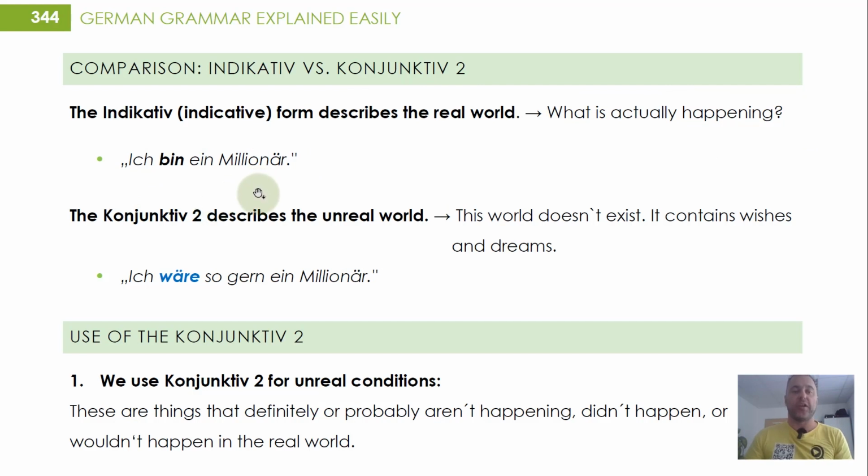Ich bin ein Millionär, so I'm a millionaire. And in Konjunktiv 2, we describe the unreal world, something that doesn't exist. It contains a wish or a dream. Ich wäre so gern ein Millionär, so I would like to be a millionaire. This is real. I actually have the money in my account. Here, I just want to have it in my account, and that's when we use Konjunktiv 2.